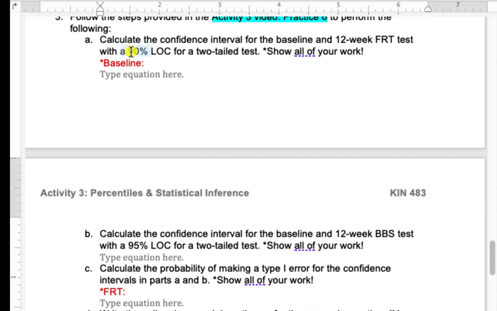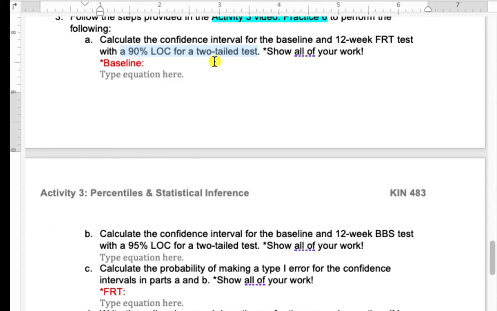We're going to be using a 90% level of confidence for a two-tailed test, meaning that once we calculate alpha from our level of confidence, alpha will be split into 2 tails, one tail above the mean, one tail below the mean. When we're working with two-tailed tests, we're just trying to identify a change or a difference.